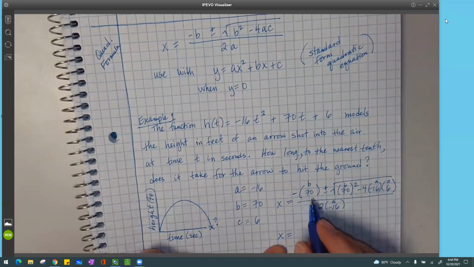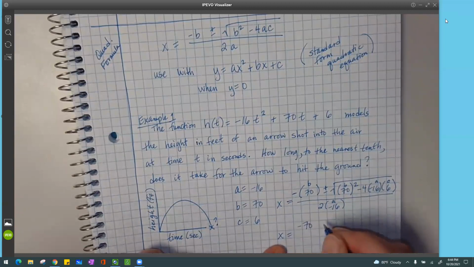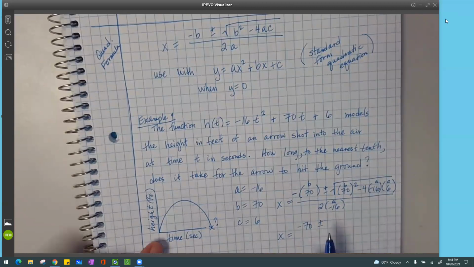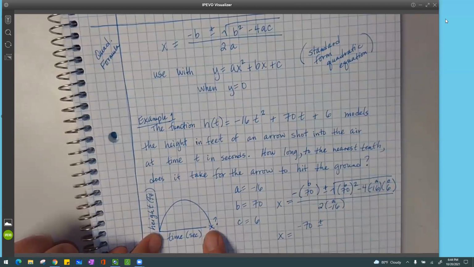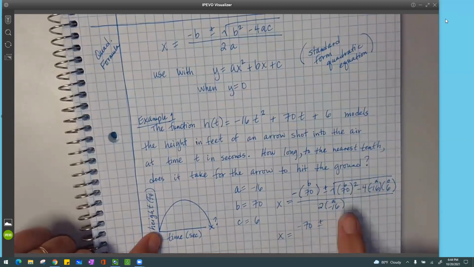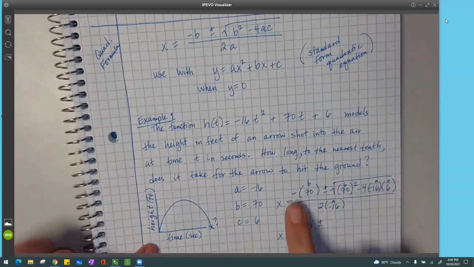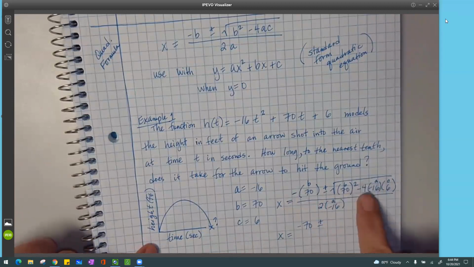Negative times 70 is negative 70. Plus or minus is a combo package. It's because the height y would be 0 when I shoot the arrow and when it hits the ground. So one of these times when the height is 0 will be if I have minus 70 plus this and divided, and one will be if I have minus 70 minus all of this and divided.